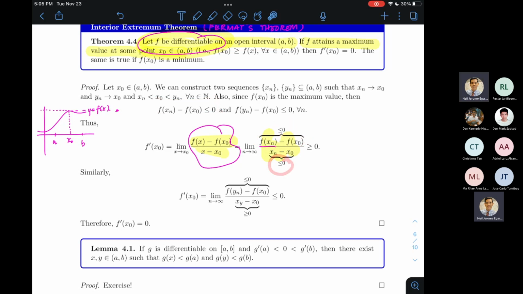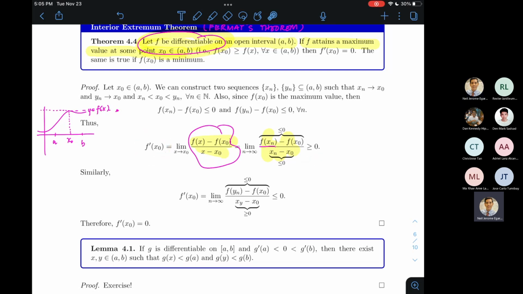The denominator is less than or equal to 0 because the x sub n's are to the left of x sub 0. So yung x sub n minus x sub 0, lahat sila ay non-positive. So we have a non-positive number divided by a non-positive number. The quotient will give us something that is positive. Okay? So yung limit ay positive, so ang f prime of x sub 0 must be greater than or equal to 0.